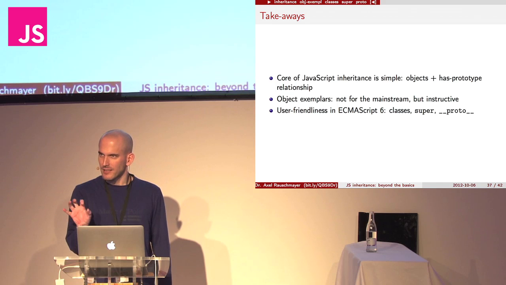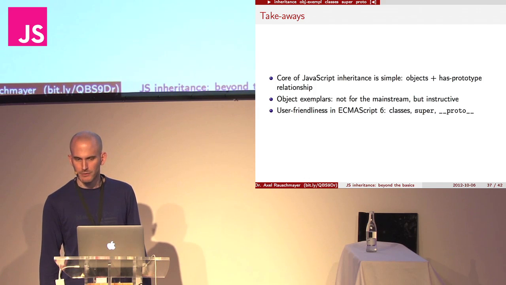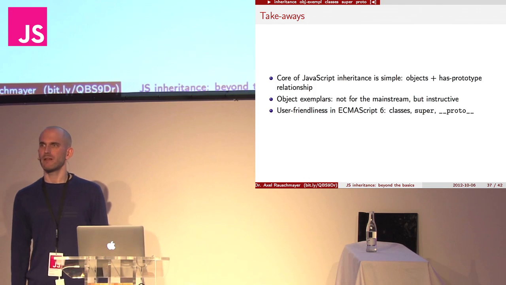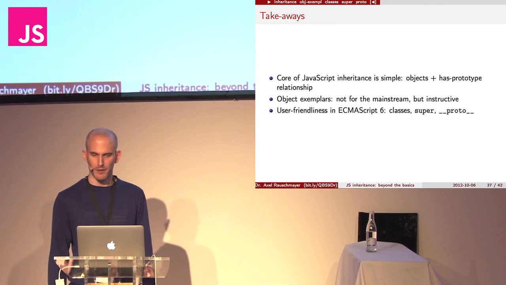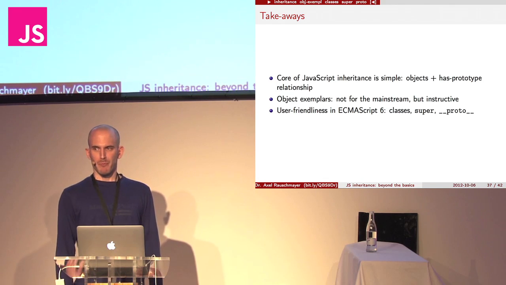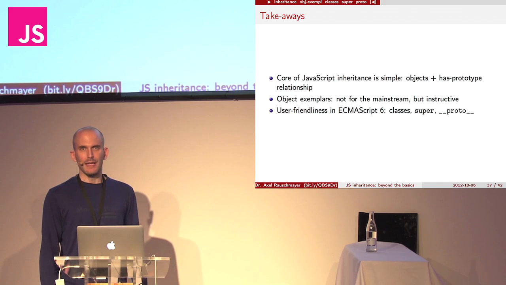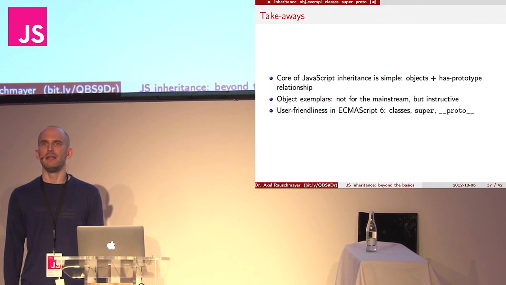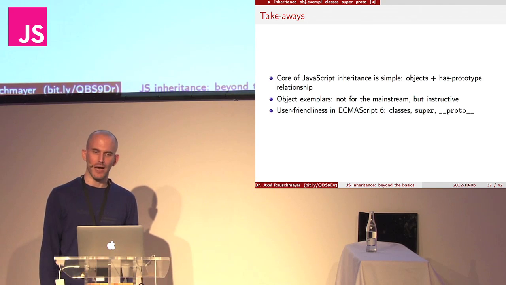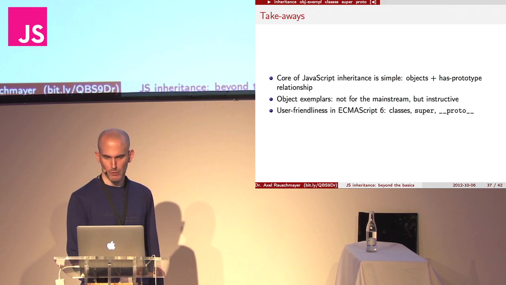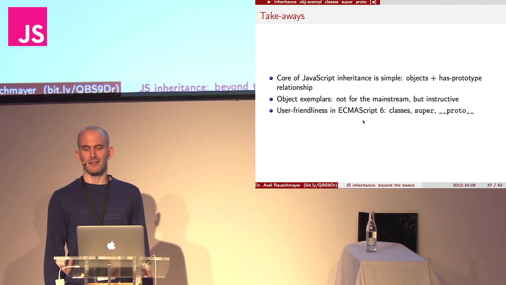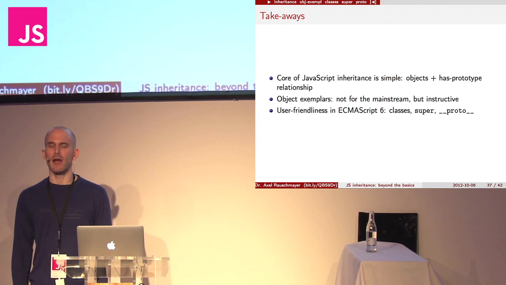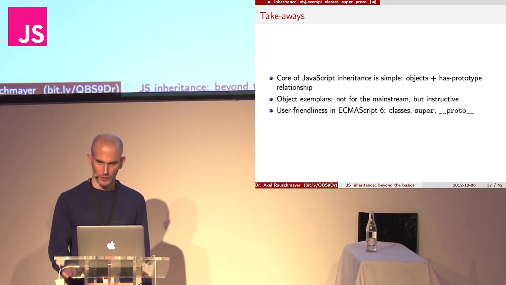They teach you something about how JavaScript inheritance works, but they're not really for the mainstream because you want to be compatible with other code. But you can still have nicer ways of implementing types in the future, because in ECMAScript 6 you get classes, you get super, and you get Dunder Proto. So those will help.